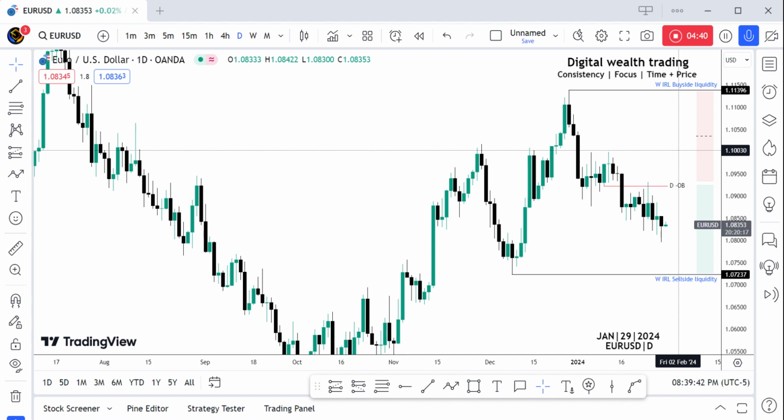Then we also priced into a bullish order block, a discount bullish order block. All these things together mean that if you are going short, you are actually trading a high resistance liquidity run.